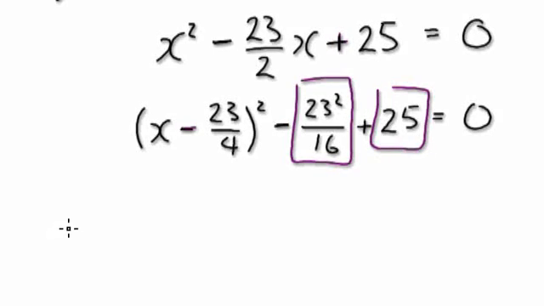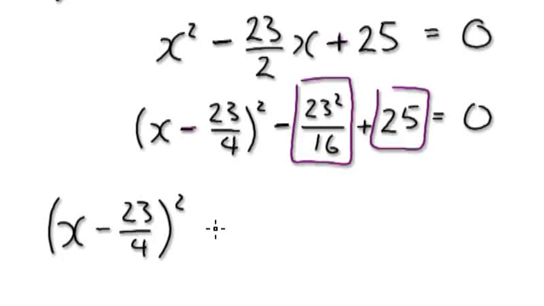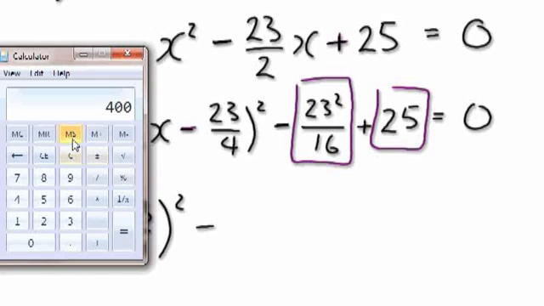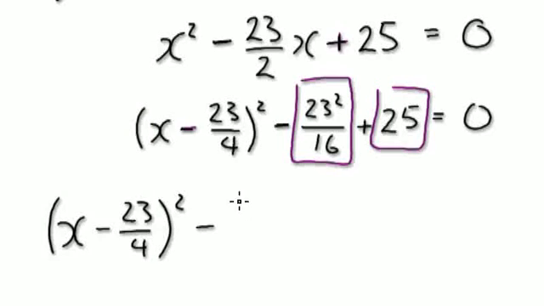So let's try and merge those two together. So far we've got x minus 23 over 4 squared, and then minus, what's 23 squared? 23 times 23 equals 529 over 16.